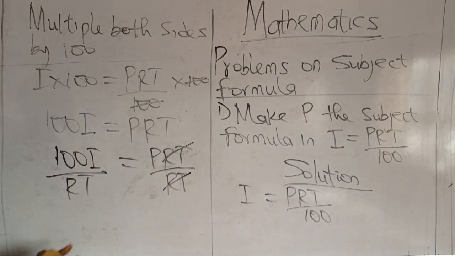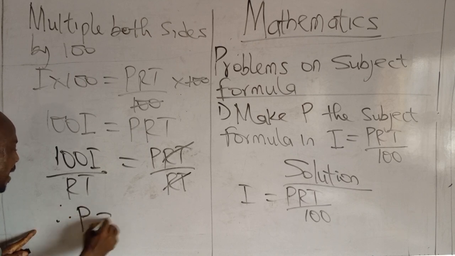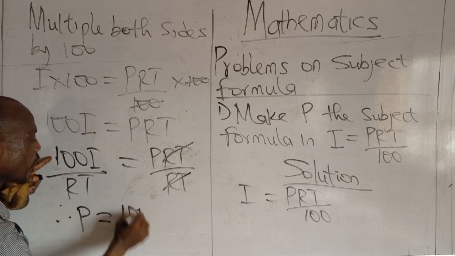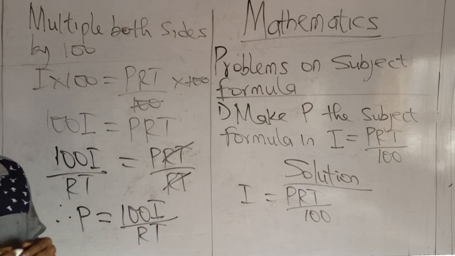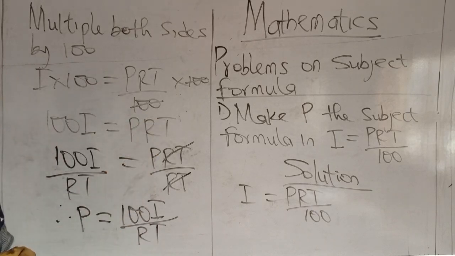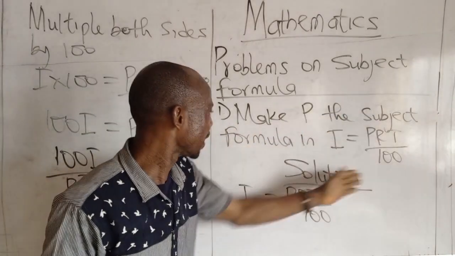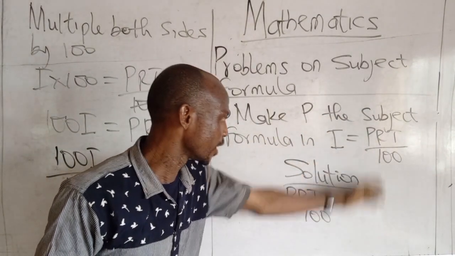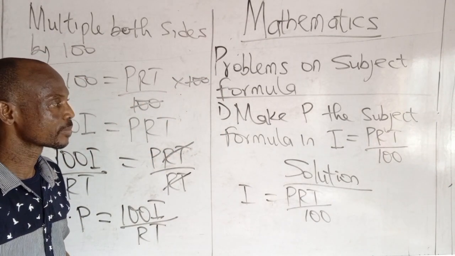So what are we having left now? Therefore, our P is equal to 100I all over RT. And that becomes the answer to that problem. So simple. Making P the subject formula in I is equal to PRT over 100.